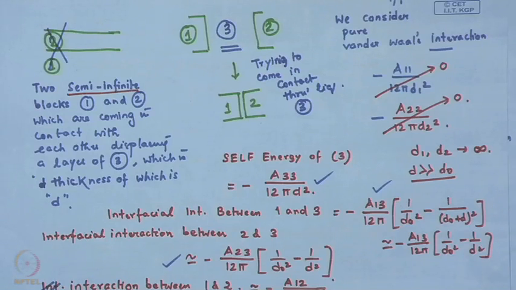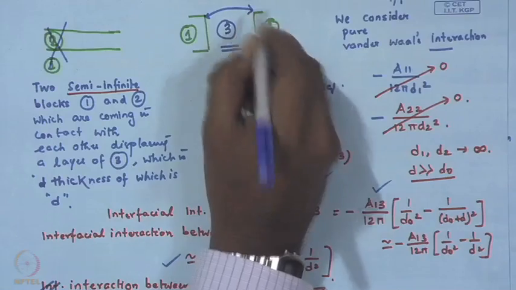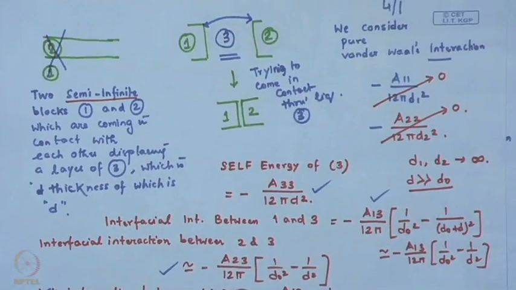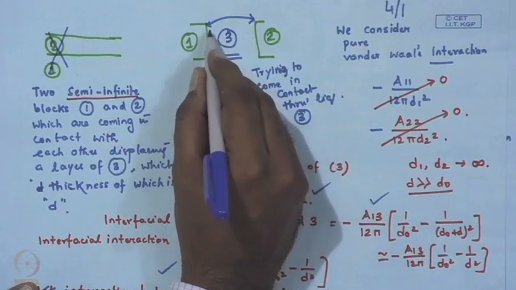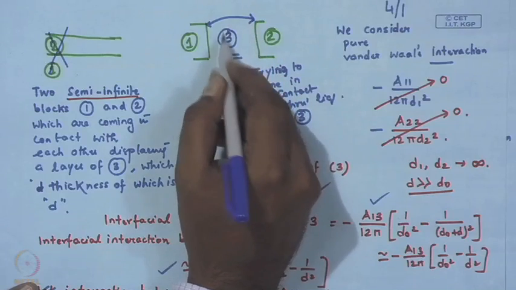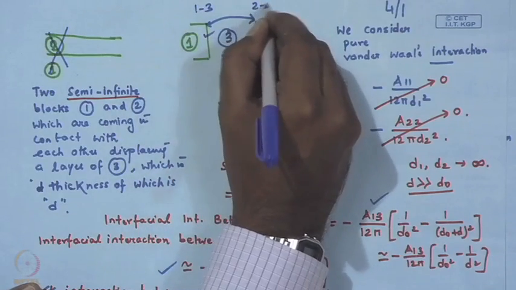One possible way is that there must be an attractive interfacial interaction between 1 and 2. The other way of looking at it is that the film of 3 has to disintegrate, because there is a layer of 3 between these two surfaces. If you look from the standpoint of this liquid layer, its two interfaces are the 1,3 interface and the 2,3 interface.